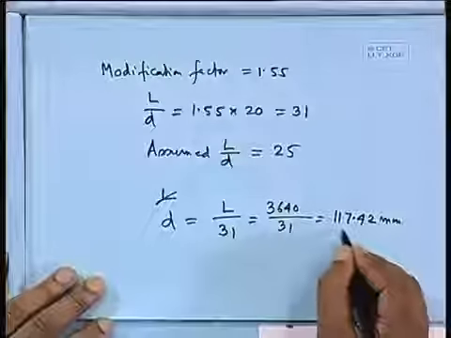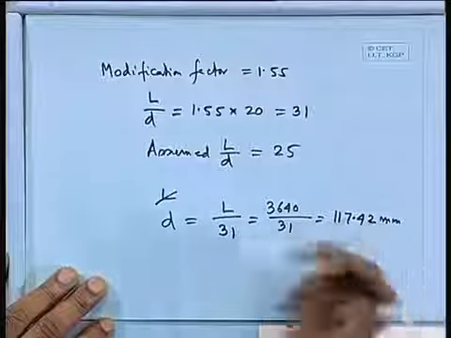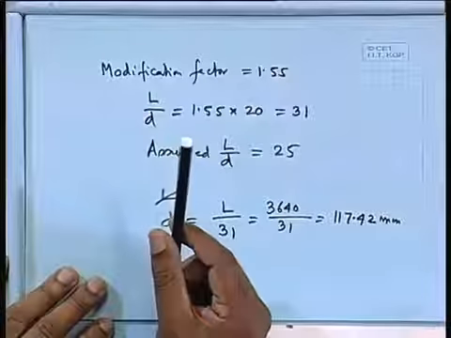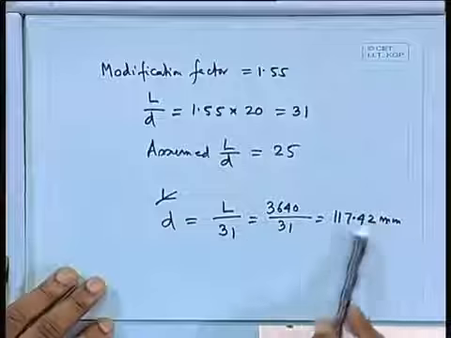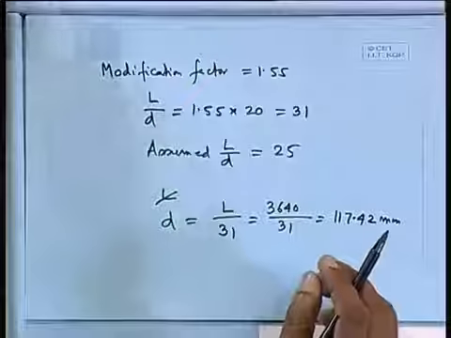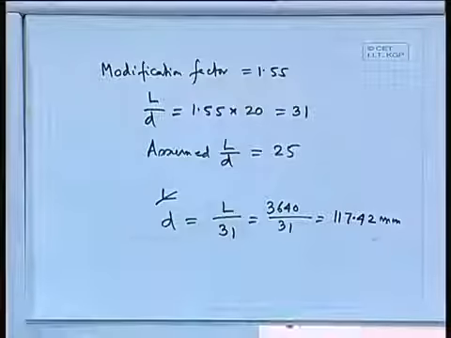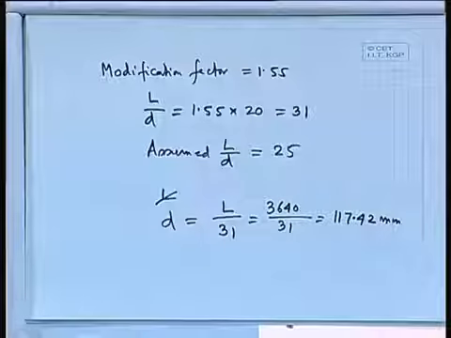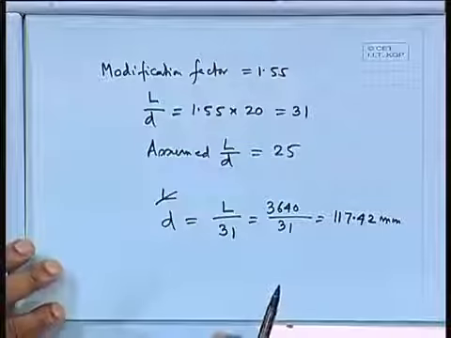That means we have seen that d is coming as 90, so we can take 120 as the effective depth. But anyway, let us complete the problem here. The solution is safe but not economic. In that case one can further do the next trial and modify the section.